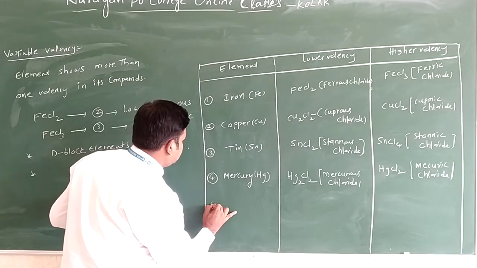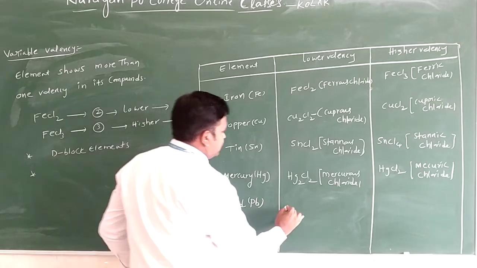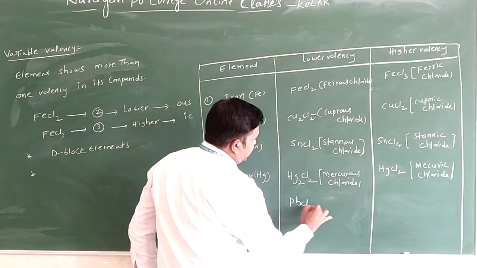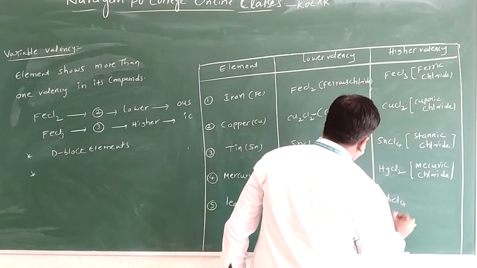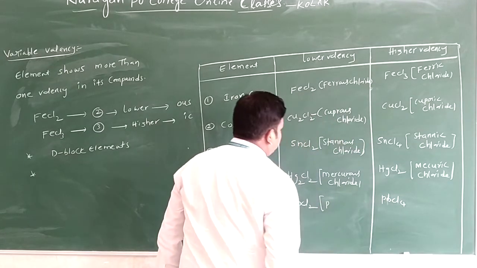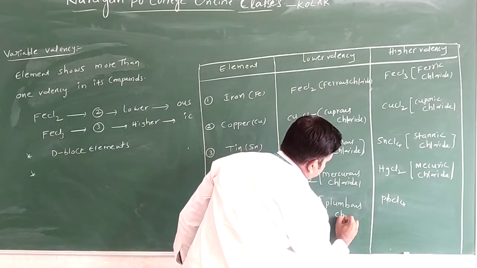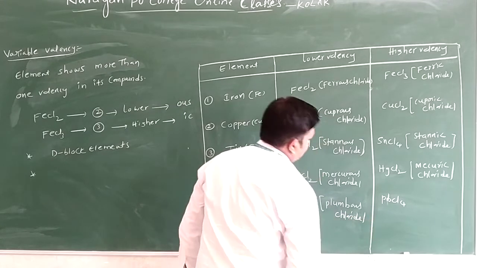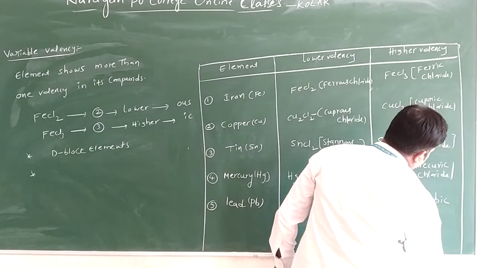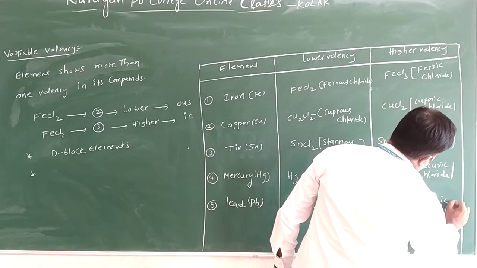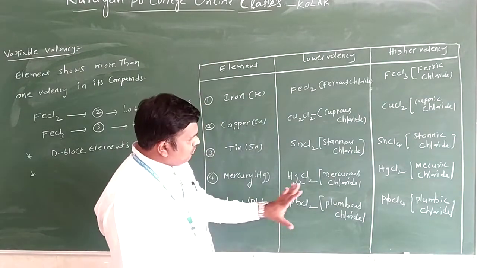Lead also, Pb. We can write PbCl2, plumbous chloride, and PbCl4, this is plumbic chloride. So mostly we are using Latin words only. Clear?